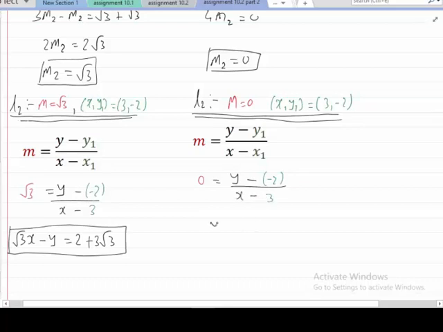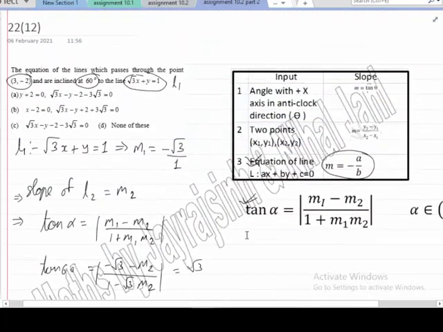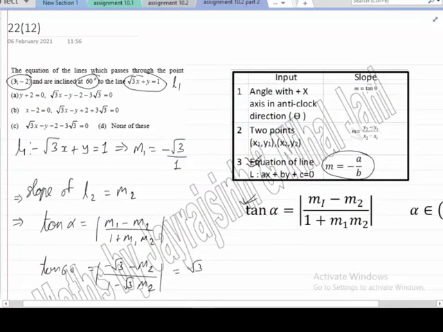So finally we will get y is equal to minus 2. Ta-da! We have two equations of the required line. First one is root 3x minus y is equal to 2 plus 3 root 3, and another is y is equal to minus 2. Let's see the options. Oh yes, option A is the right answer.